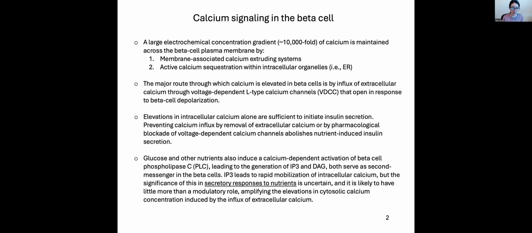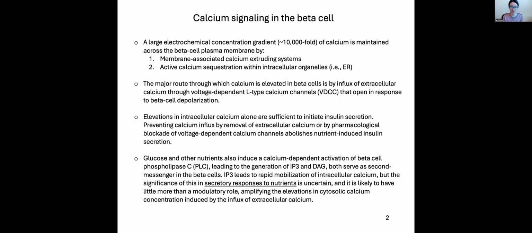And this elevation in the cytoplasmic calcium is sufficient to initiate the insulin secretion from the pancreatic beta cell. If we prevent this calcium influx, either by removing the extracellular calcium or by pharmacological blockade of the VDCC channel that we just talked about, it would essentially prevent insulin secretion from the pancreatic beta cell.